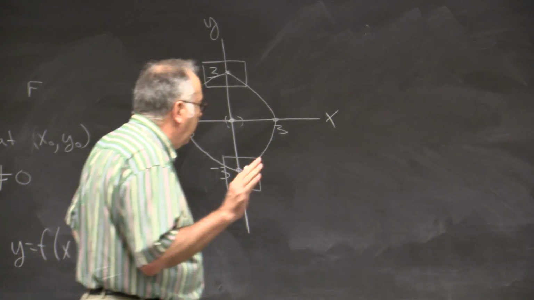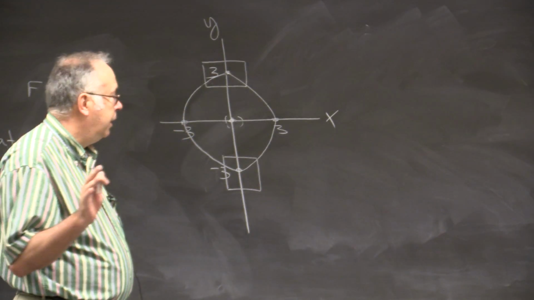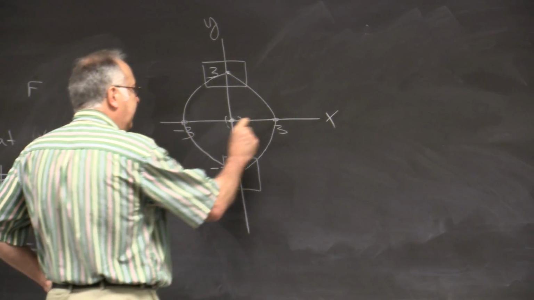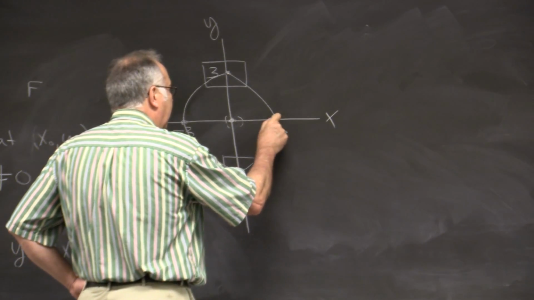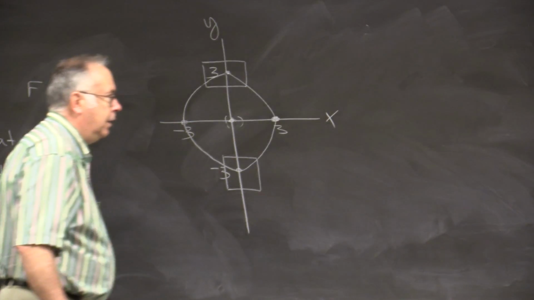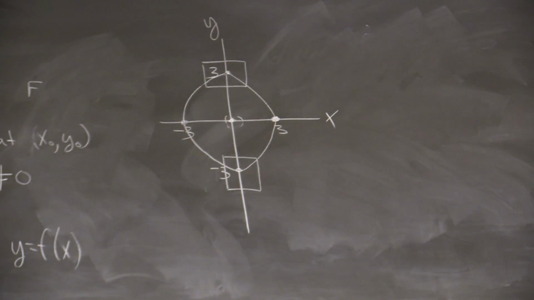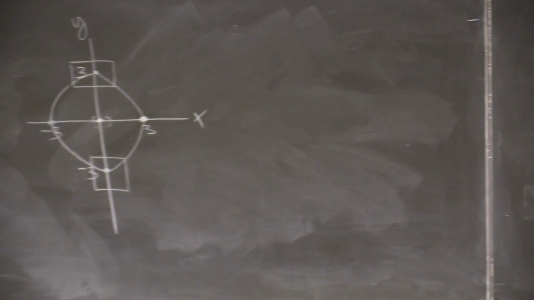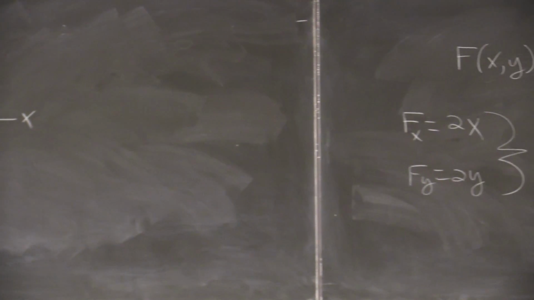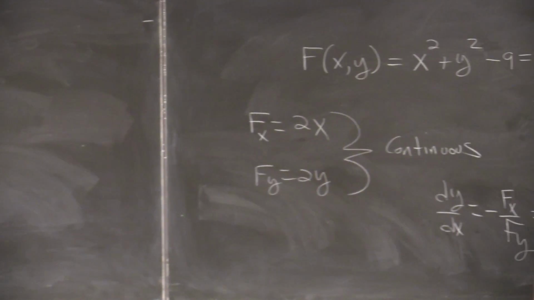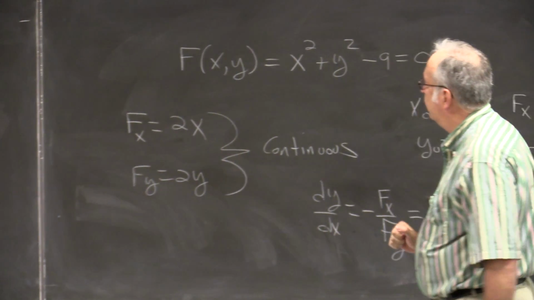And notice that we would have been in trouble had we picked x equals 3. What would have been the problem? Let's redo this. Suppose we picked x equals 3. Then what is the value of y? 0.